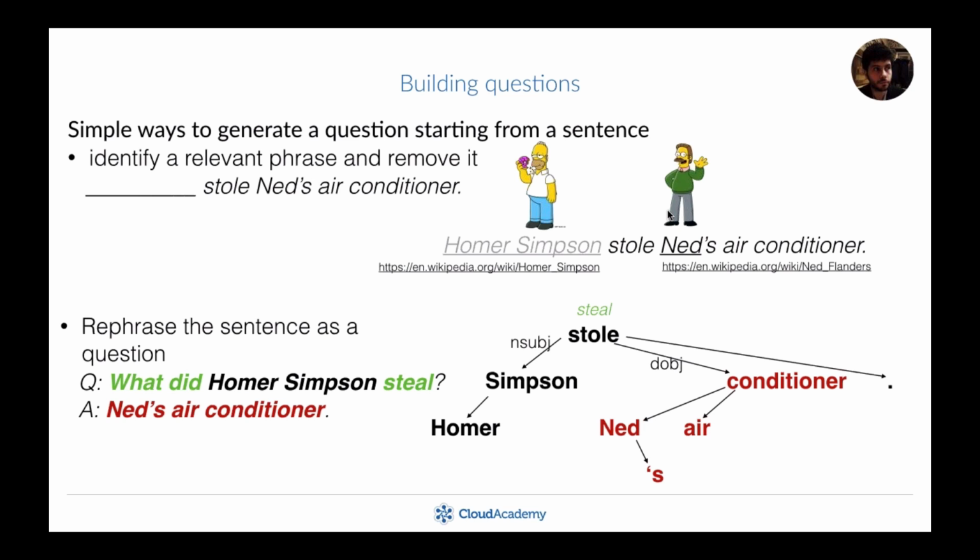We have this information from the syntax API, so that we can create a very simple algorithm that can transform stole into what did something something steal, so that we can create, starting from this sentence, a quite good sounding question, and a correct answer for that question.